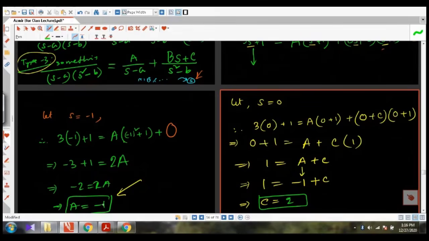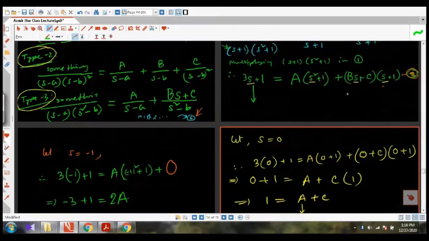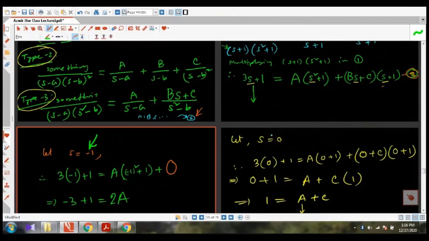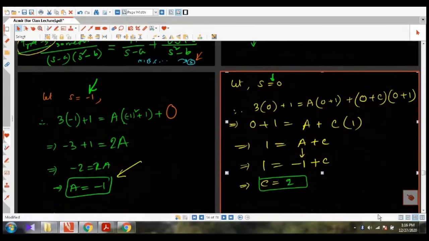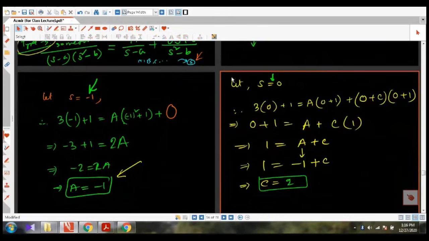Since we have a and c in our hand, we can easily find b by inputting any number for s. Since we have taken s equal to -1 previously and s equal to 0, we can now take s equal to +1, or it is up to your choice, whatever you want to take.